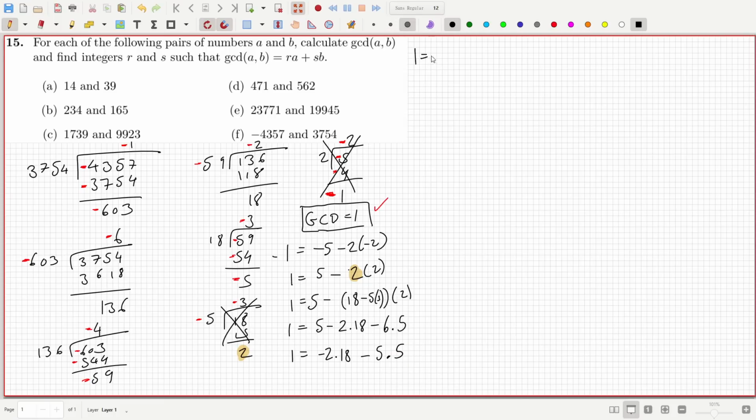So that's 1 equals -2 times 18 plus that thing times the 5. The minus 5 is replaced by minus 59 minus minus, so that would be plus 3 times 18. And it's the 18 I need to replace now. So that's 1 minus 2 times 18 minus 5 times 59 plus 15 times 18.